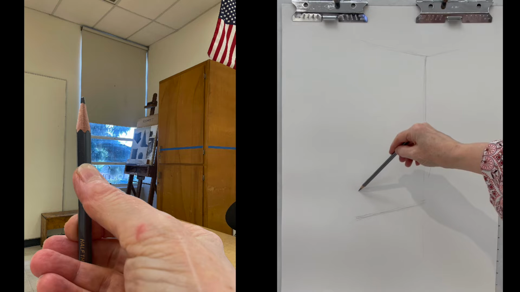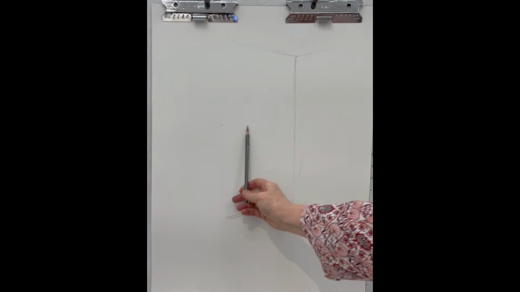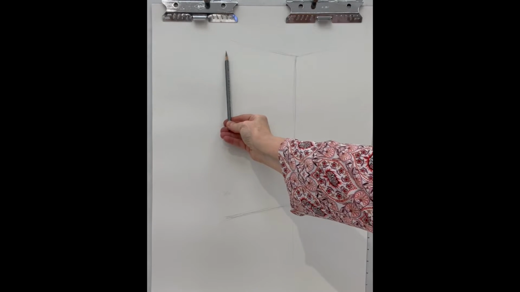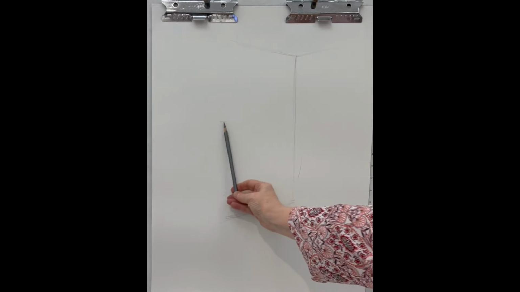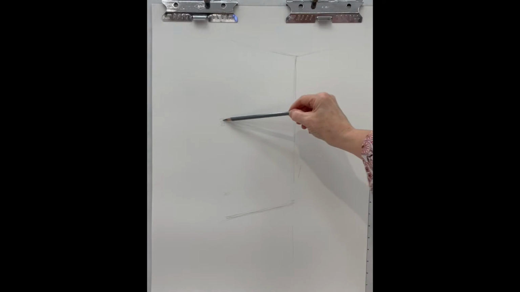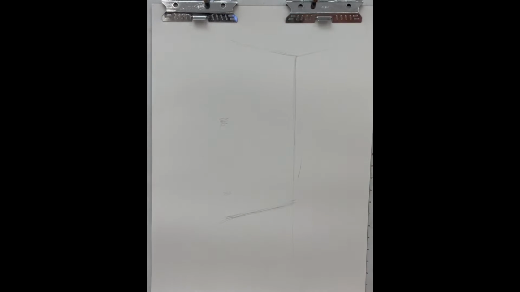So the bottom bar, I think, should be about there, and if I divide that in half, that should be about half from here to here, maybe a little higher. All right, something in there.